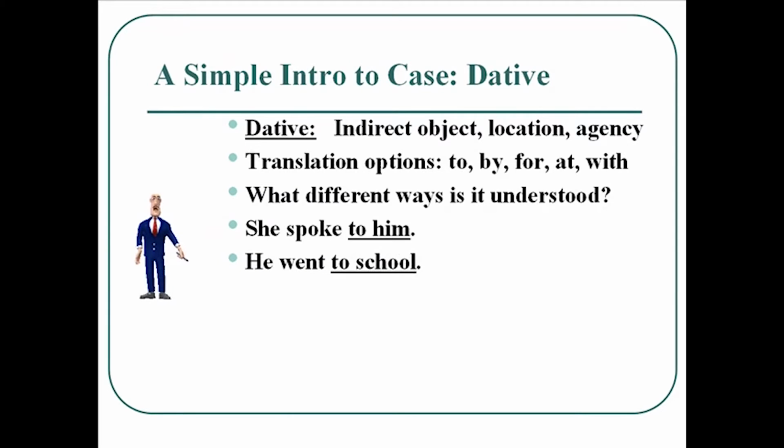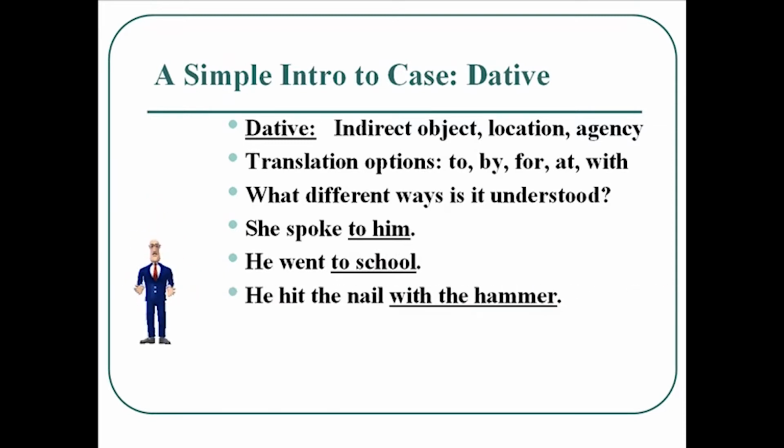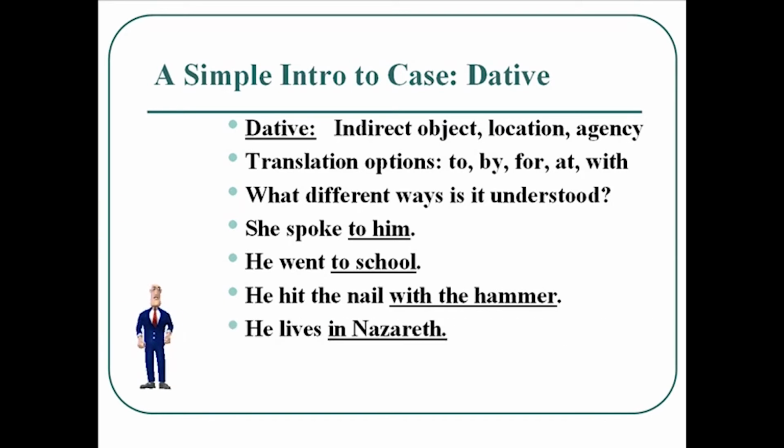He went to school. To school specifies the location. He hit the nail with the hammer. With the hammer tells the agent or instrument that was used. He lives in Nazareth. In Nazareth tells location.